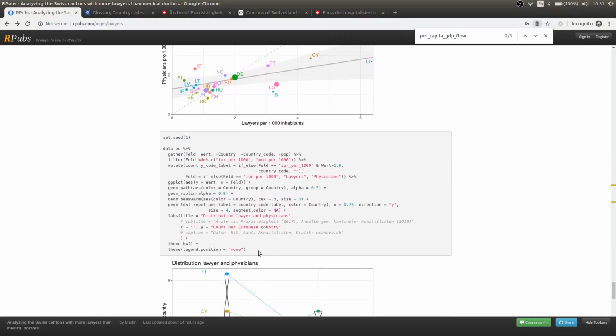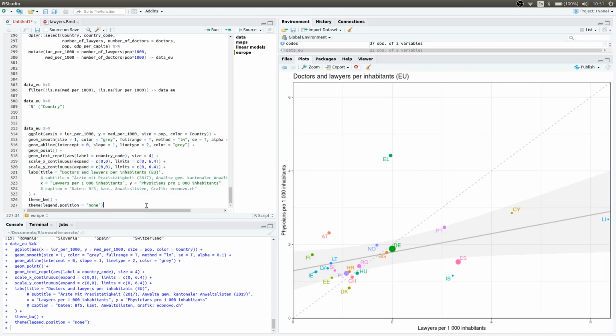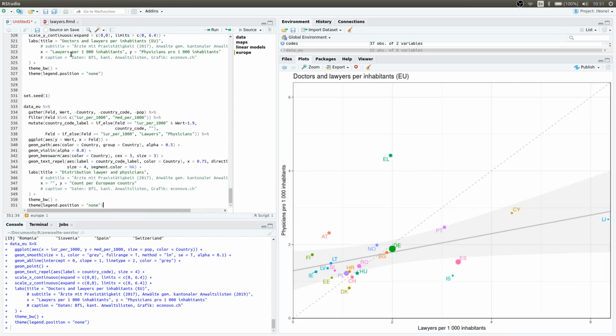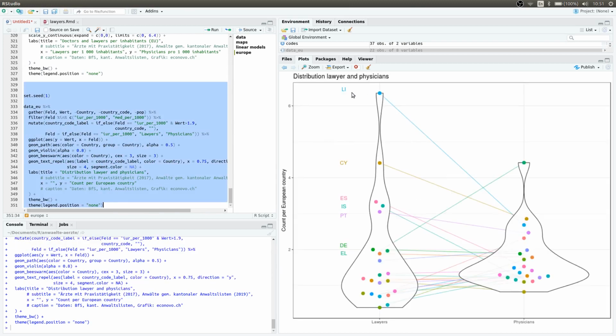So again, let's do this plot. And at first sight, without even having done any linear model, we see that Liechtenstein, Cyprus, probably also Iceland, can be explained by economic factors or country-specific factors, more specifically.